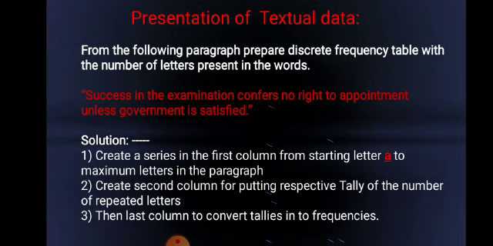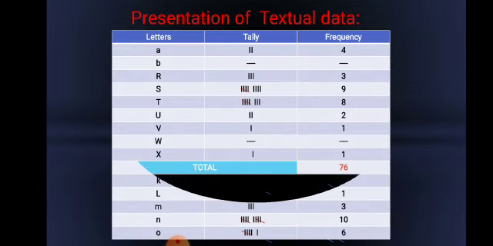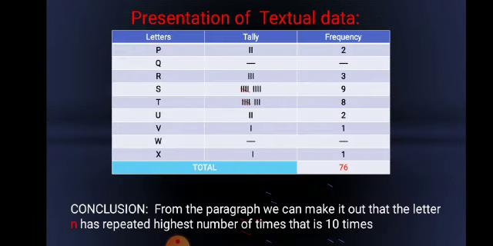You have to count the total number of letters in this paragraph. I have counted this paragraph. The number of letters in the paragraph is 76. So your tally should also give a total of 76.